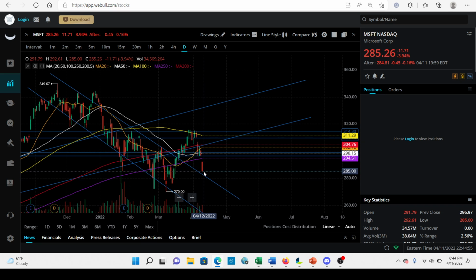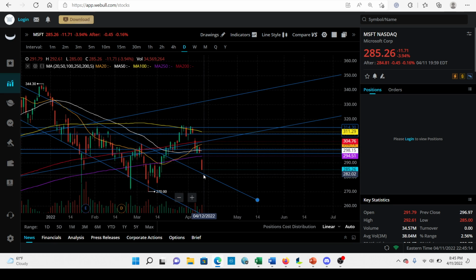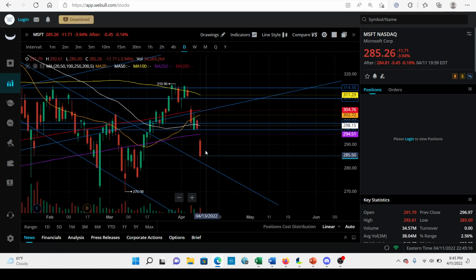We are almost at the top of this downtrend channel. And just look at price action recently. So right here in April, at the start of April, to where we are now, we basically fell $30. So that's a pretty significant drop right here. And notice we left gaps in the chart.